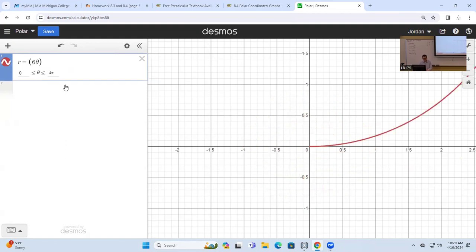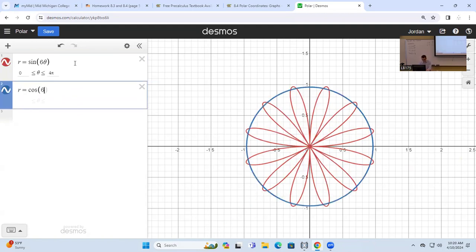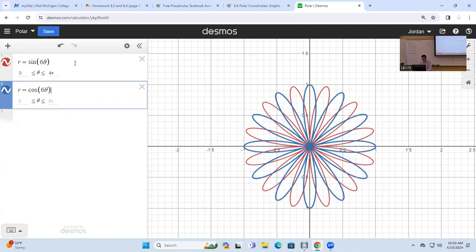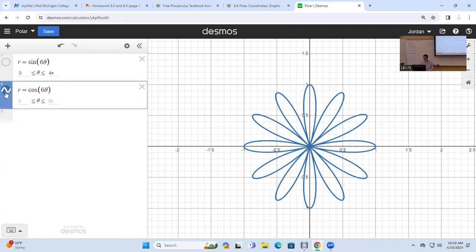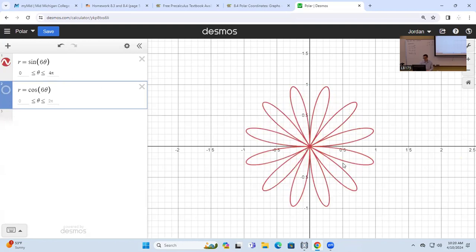If you do sine, you also get 12 petals, but notice it's almost rotated a little bit. If I do cosine, I get the blue graph. Sine, I get the red. Okay. Same idea though.